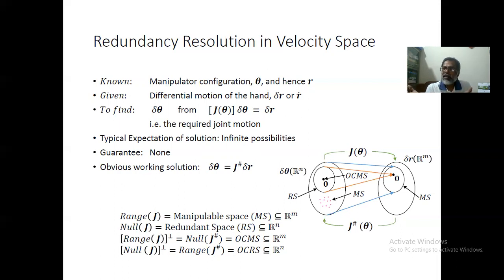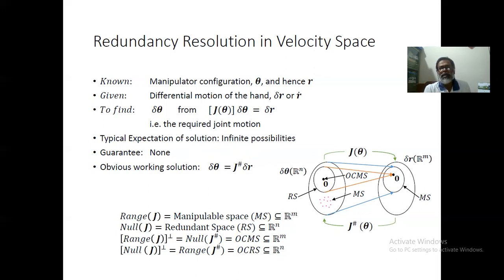Infinite possibilities are there, because this is a rectangular system with fewer equations and more unknowns. So infinite solutions are there typically. However, there is no guarantee that there will be a possibility, because even among them, it may be that some motions are not possible.